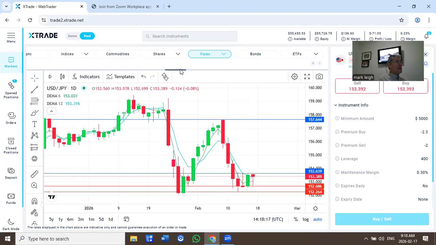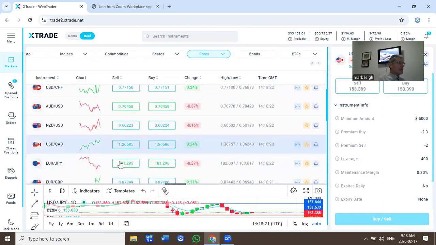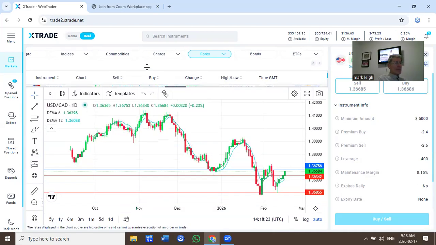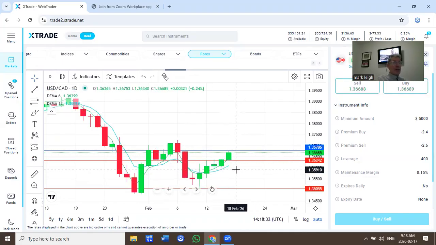US dollar against the Canadian. We're seeing strong US dollar for the fifth consecutive day. Higher highs, higher lows. I've got support at 136.34, and I've got resistance at 136.78.